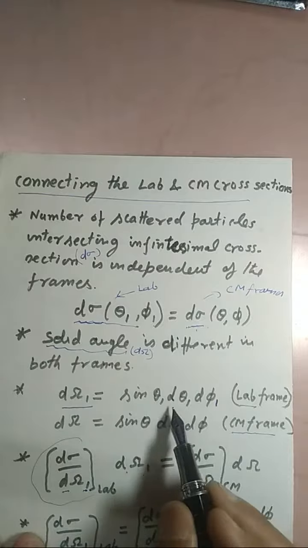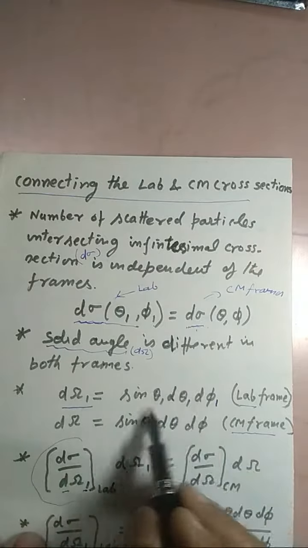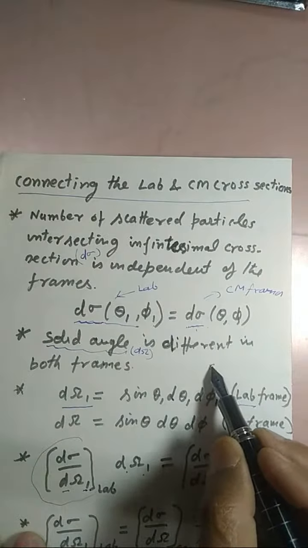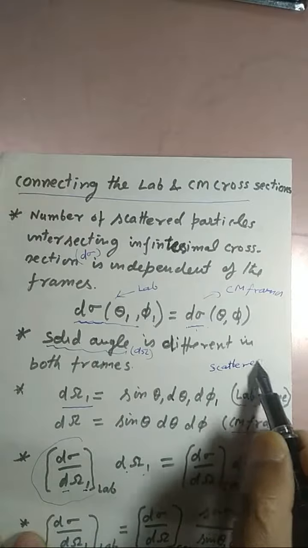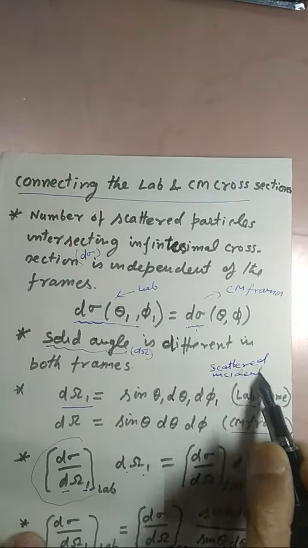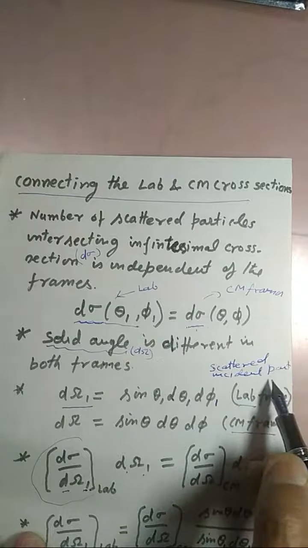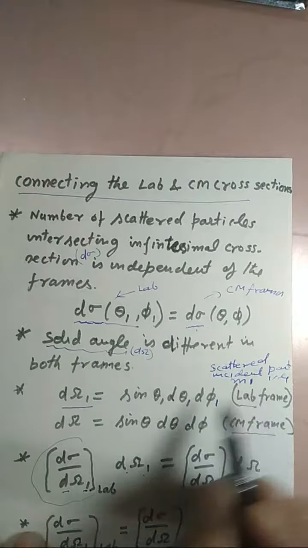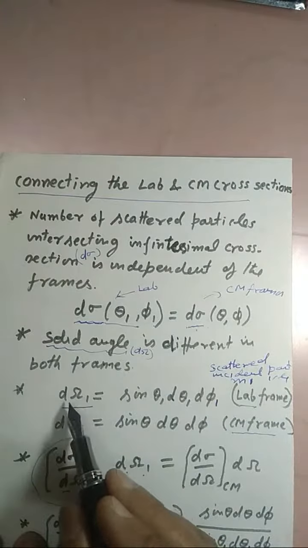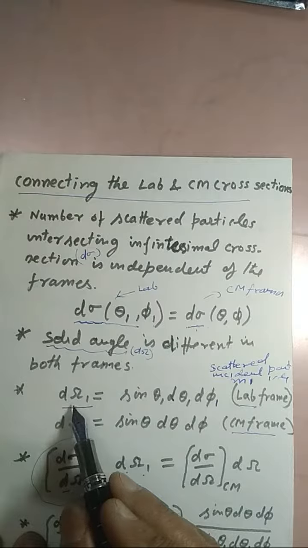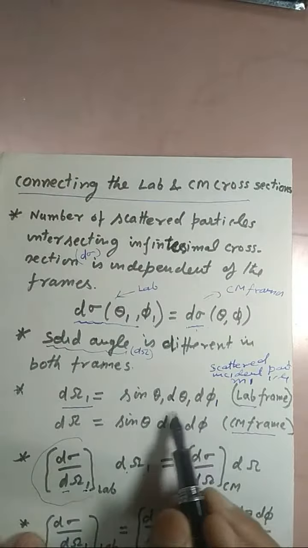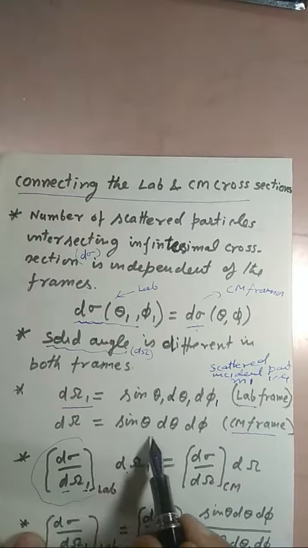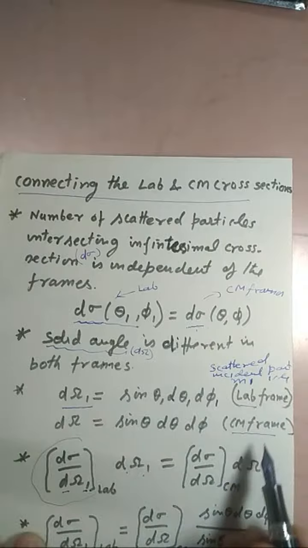This is the scattering angle for the incident particle, the particle that earlier we denoted m1, scattered through this solid angle dΩ. We can write this expression sin θ1 dθ1 dφ1, and similarly in the center of mass frame we can write the expression for the solid angle, sin θ dθ dφ.